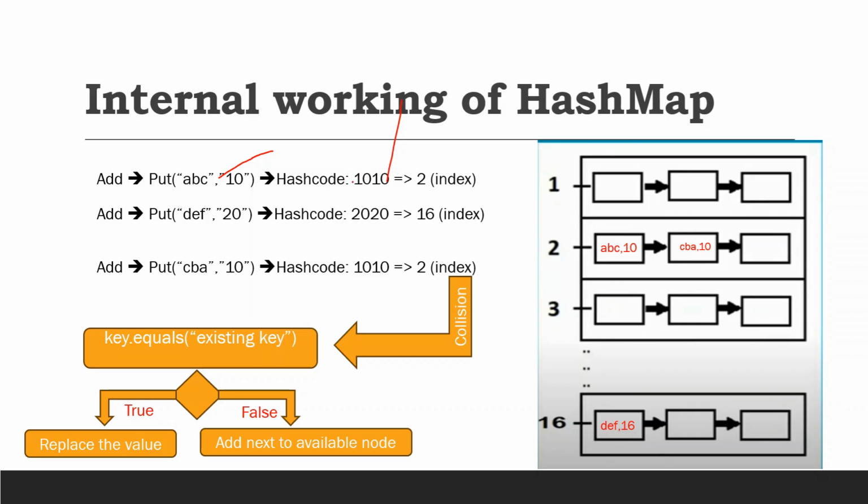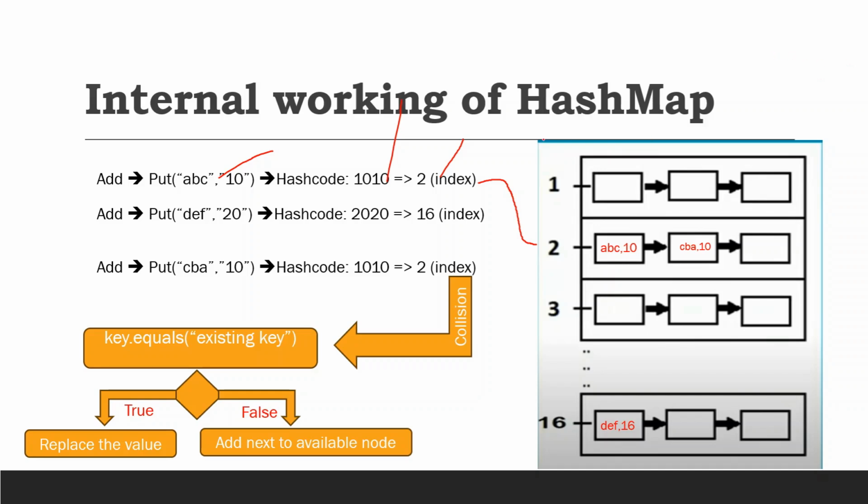With the help of the hash code, an index will be generated. So we got the index 2. The JVM will search where we have to add this, on which place we are going to add. So bucket number 2. In our HashMap we have 16 buckets by default.